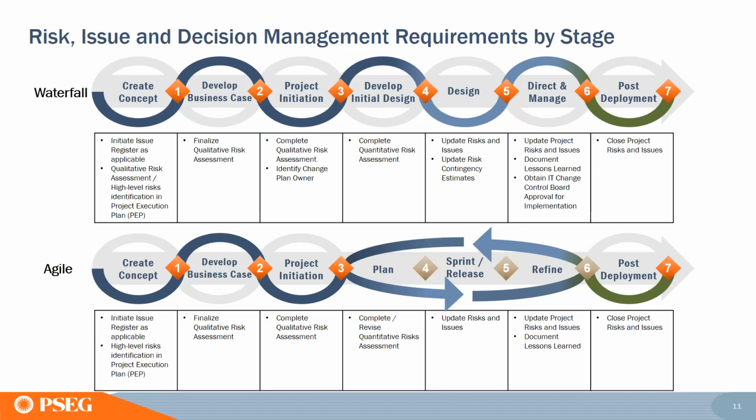You'll want to obtain IT Change Control Board approval to implement your project or your product as you move into the deployment phase. And then when you move into the deployment phase, this is where you'll want to close any project risk or issue, or ensure that project risks and issues are closed.